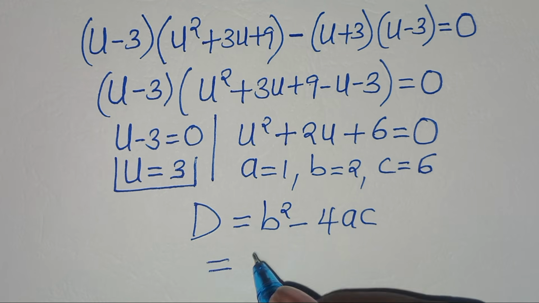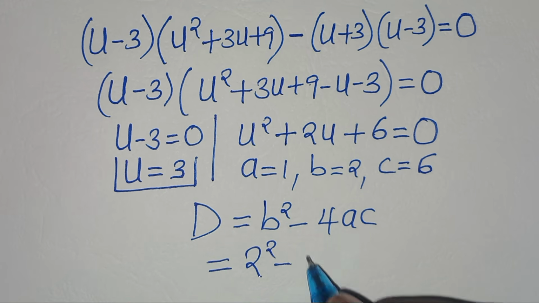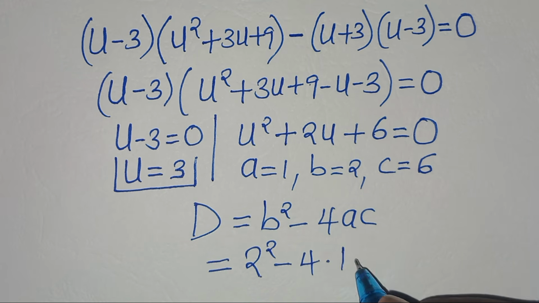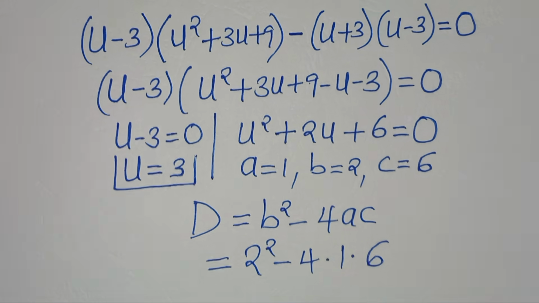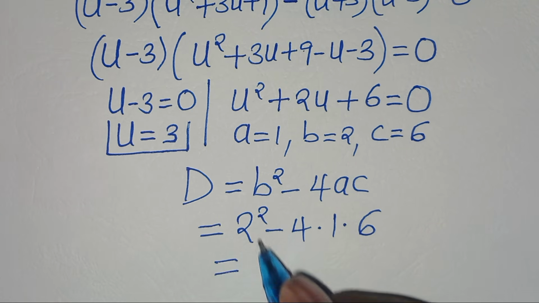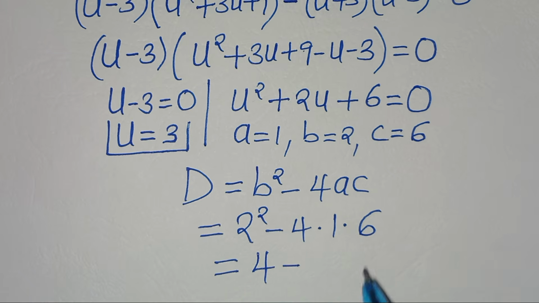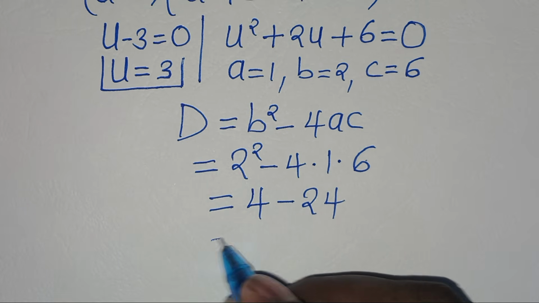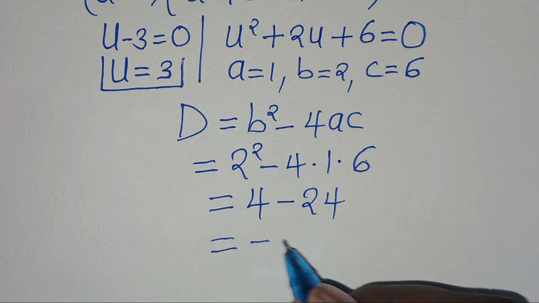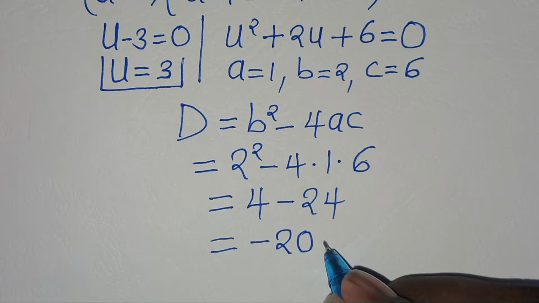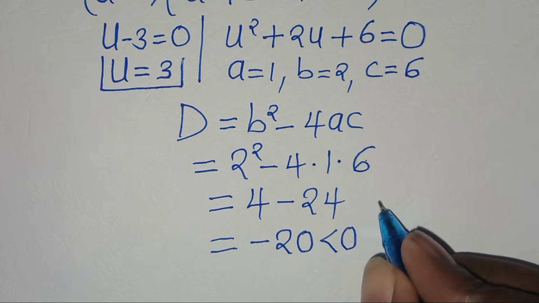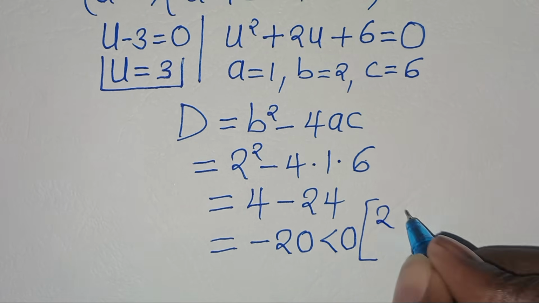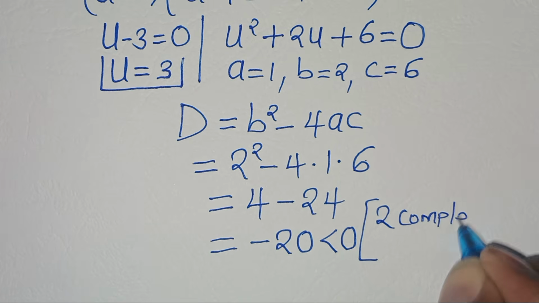So here we have 2 squared minus 4 times a, which is 1, times c, which is 6. So we have 2 squared, this is 4, subtract 4 times 6, which is 24. So this implies that we have 4 minus 24, this is negative 20, which is less than 0. So this means we have two complex roots.